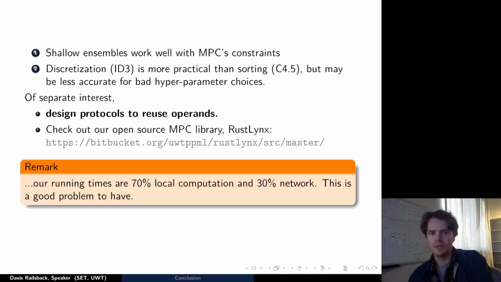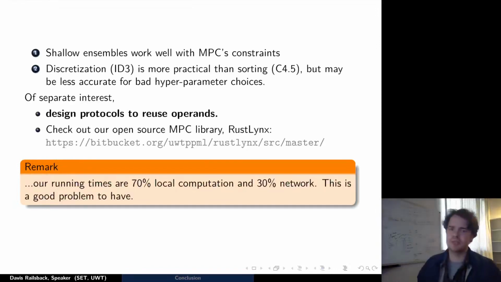As we've shown empirically, discretization, or using categorical training of some type with ID3, seems to be more practical than C4.5 for secure training, though since we are losing a little bit of information in discretizing, it might be less accurate if hyperparameters aren't chosen correctly.